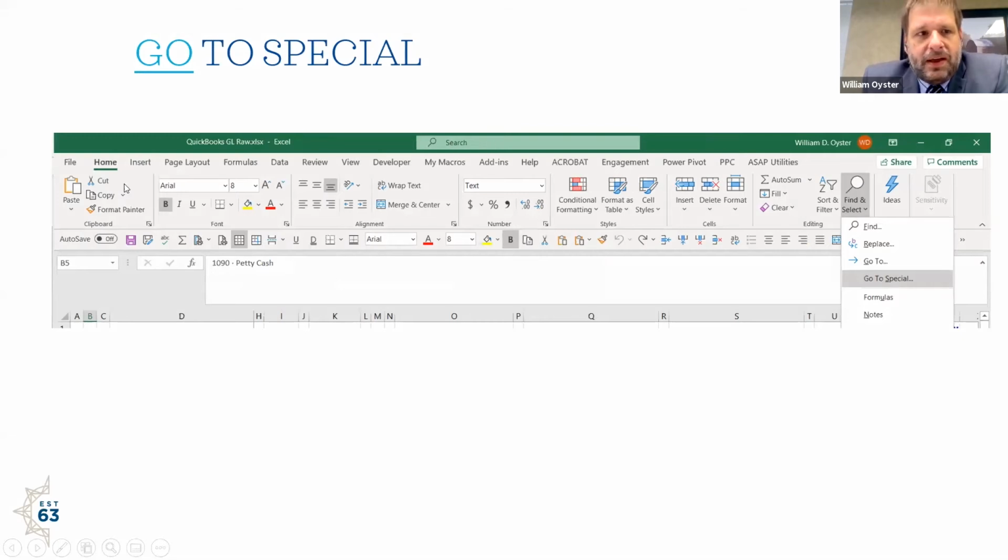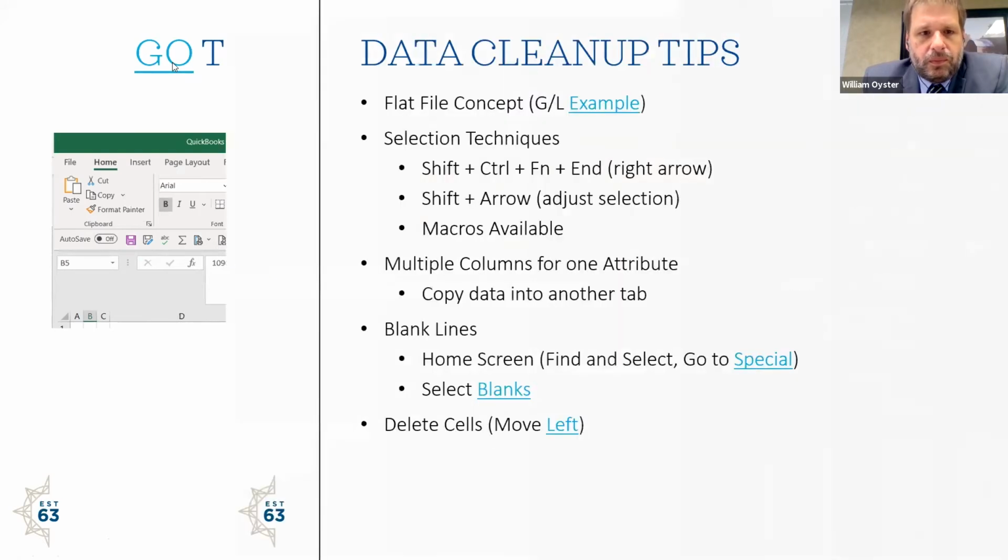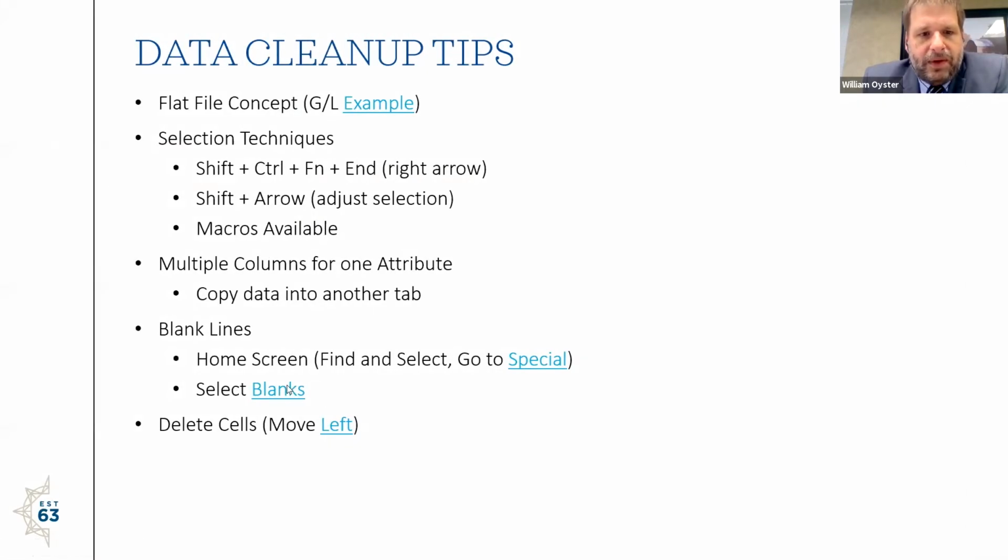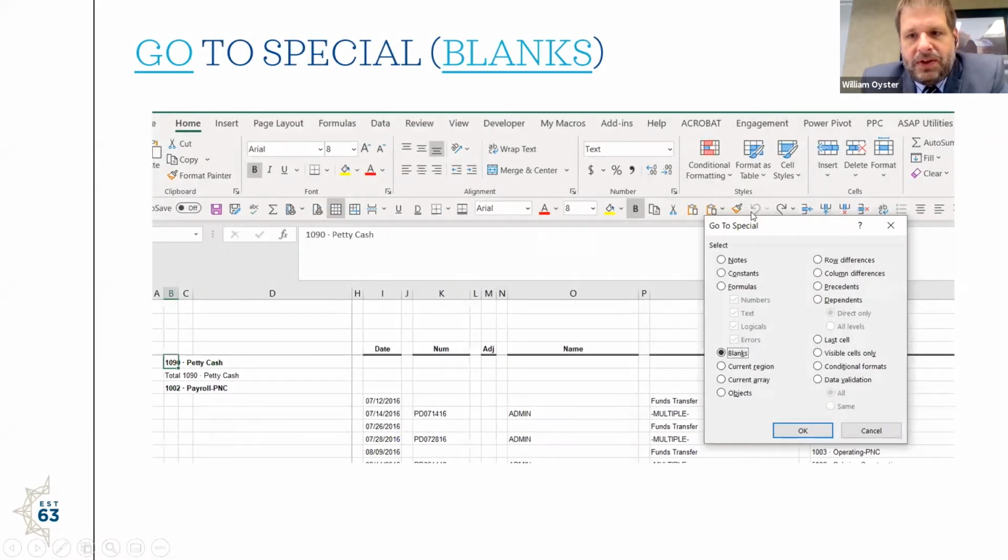Within your Home menu, there's Find and Select, and in there is a Go To Special option. Once you hit Go To Special, this separate box pops up that gives you many different options. One of the options is to select all the blank cells within your selection.